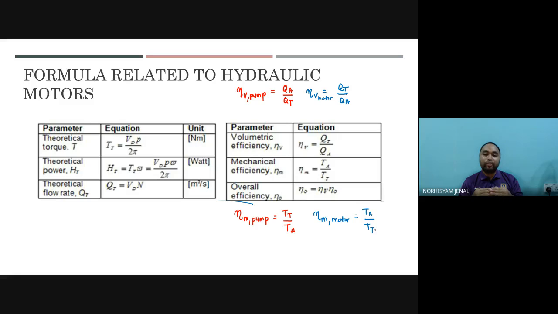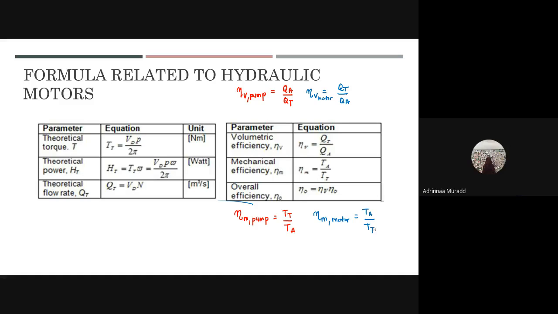So if you remember the volumetric efficiency for pump and mechanical efficiency for pump, if you want to remember for motor, you just change the nominator and denominator because it's the other way around. Any question? Yes, no? Tak ada. Tak ada. Ada sir.